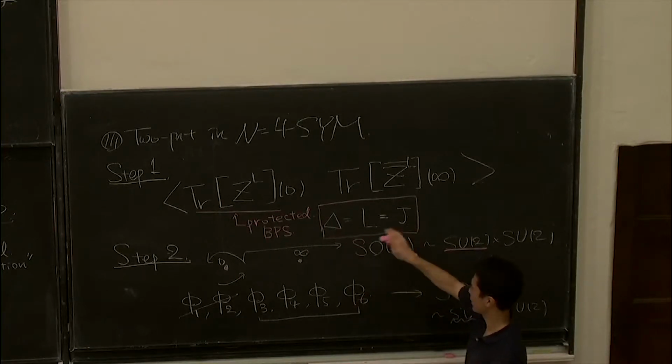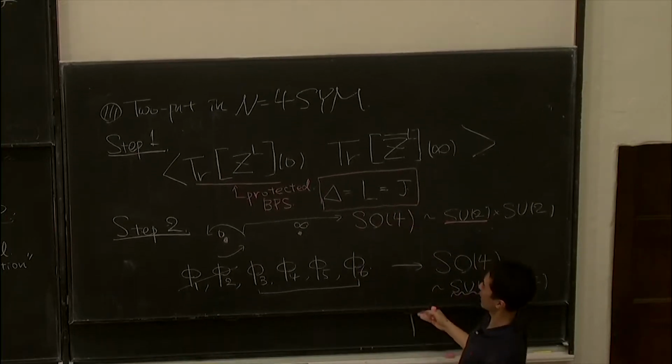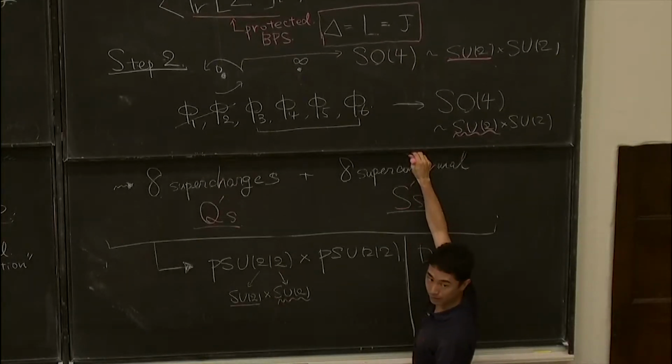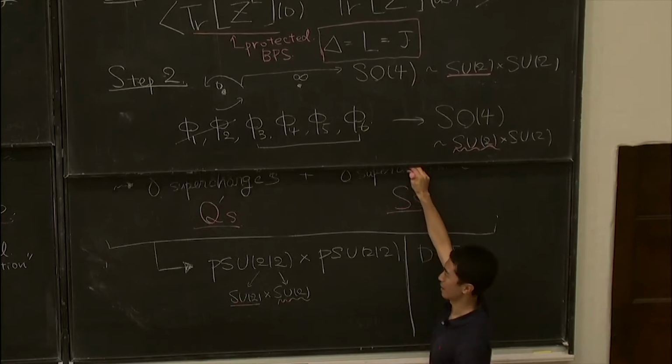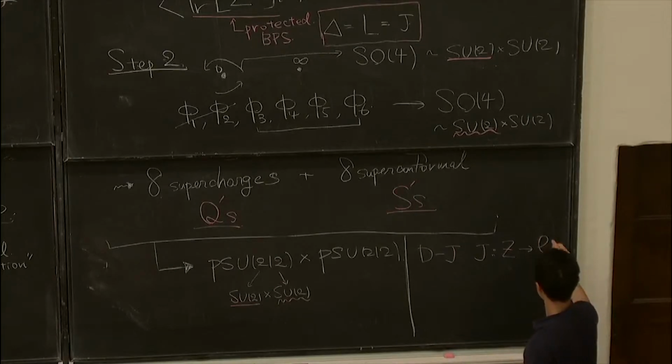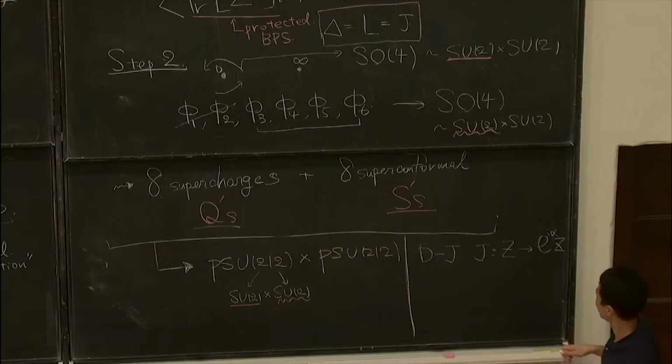Both Delta and J are given by L. So J is the R charge which rotates this complex scalar, Z going to e to the alpha times Z.